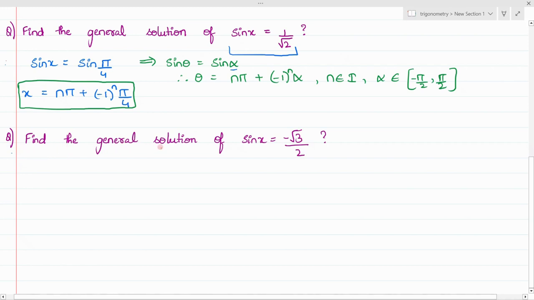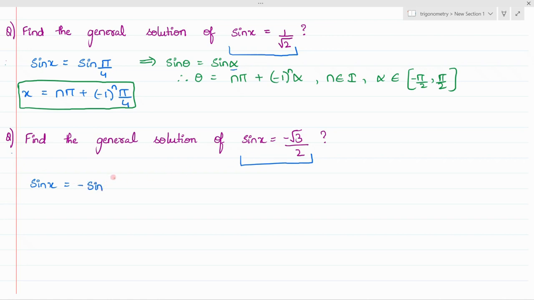Next example: find the general solution of sin x equals minus root 3 by 2. Now this can be written as sin x equals minus of sine pi by 3. But we don't know the general solution directly because the negative sign is there. If you remember the basic trigonometry, we can write this as sine of pi plus pi by 3, right?